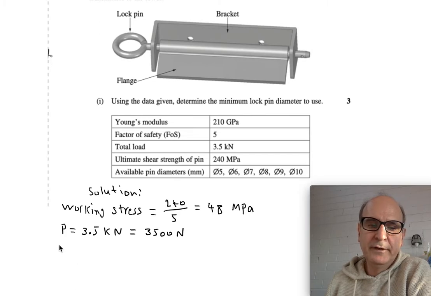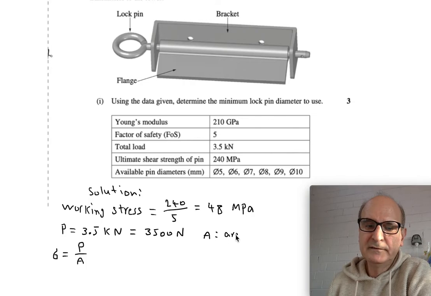All right, and we know that stress is equal to load divided by area. In this case, our area is twice the area of the pin. So if I call the area of the pin A, because I have 2 of this, I can put 2A.